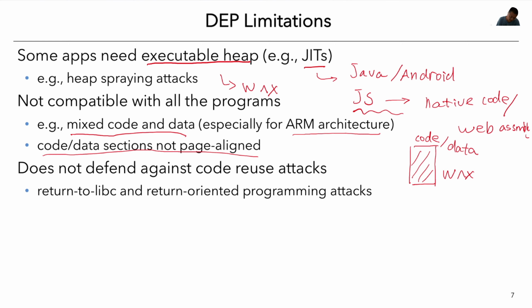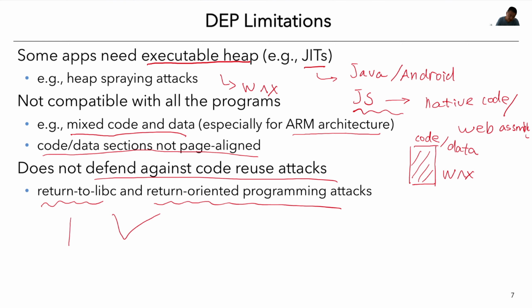So it also doesn't defend against the code reuse attack, because DEP prevents injecting new code into the process address space. So it will not defend against code reuse attacks, such as return-to-libc and return-oriented programming attacks. These will reuse existing code.